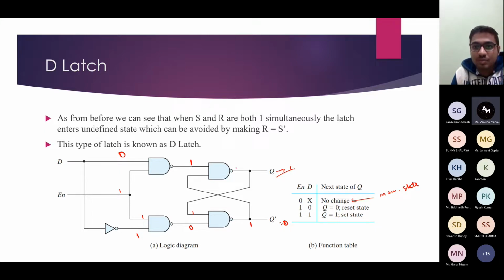So 1 and 1 will produce Q equal to 0. So when D is equal to 0, Q is equal to 0, and it is called reset state. Reset state means the output is 0, and the set state means output is 1. Is it clear till now?